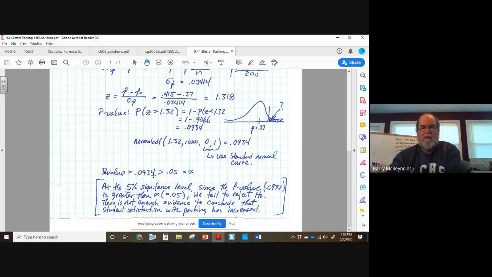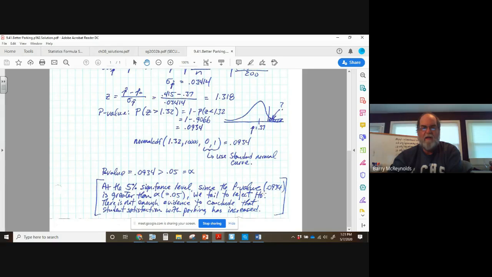Since this p-value is greater than the significance level alpha, then we fail to reject the null hypothesis. And I put this in brackets. This is the template for the language you want to use. First of all, you want to comment that you either fail to reject it or that you do reject the null hypothesis.